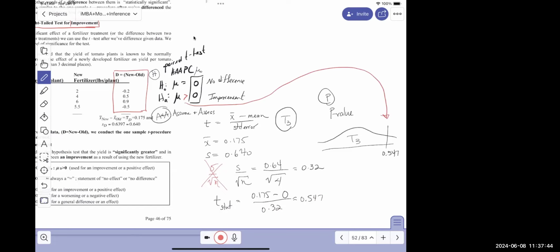I want to go greater. Extreme is defined in the direction of the alternative hypothesis. That's what I want to test against. All right, so now what do I do? I have to go to the table, look on row 3 for that number, see if it's there.